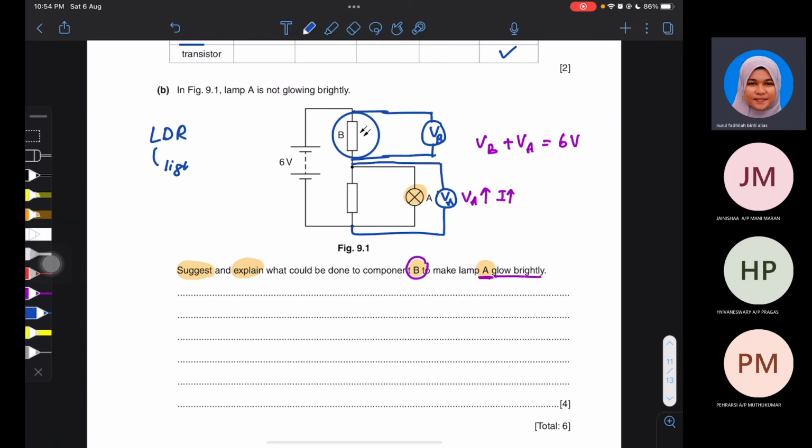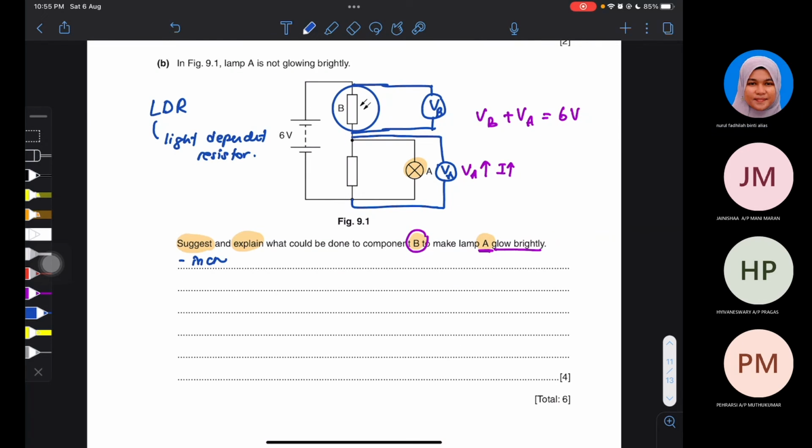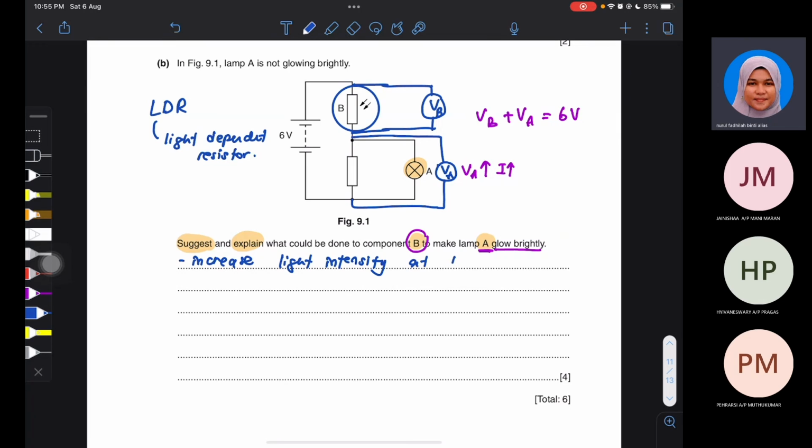LDR is light dependent resistor. Maksudnya resistor tu depends on the light presence. Jadi kita kata increase light intensity at B. Ataupun kita suluhkan dia lampu suluh ke supaya dia terang dekat sini.